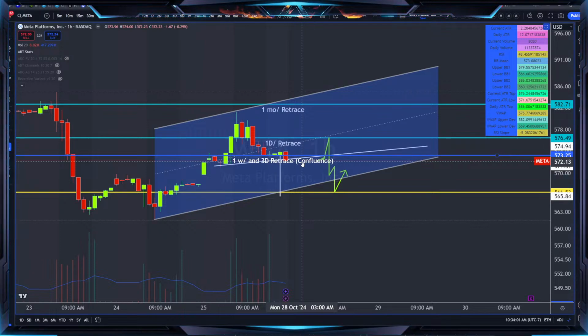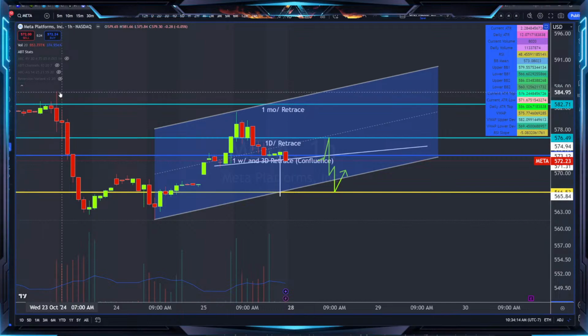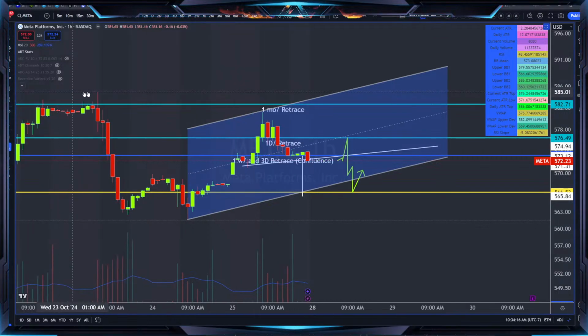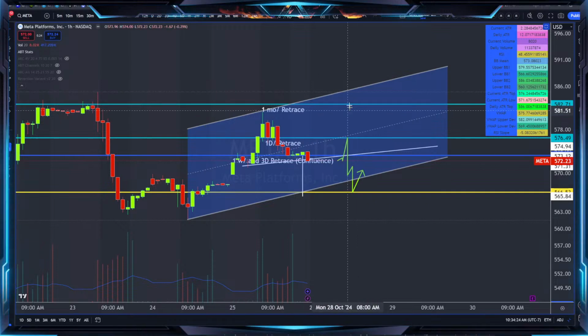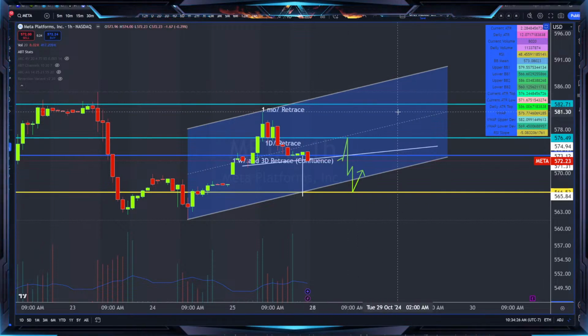$12 up takes you to 584. The monthly retrace is close to 583. But what's 584? Why would it say 584? Guys, 585.01 is your pre-market high on Wednesday, okay? Your monthly retrace is 582.71, already at 573.